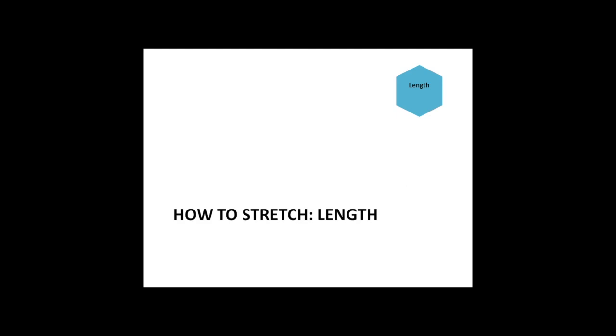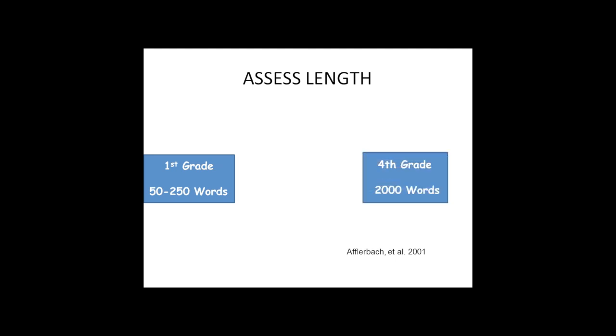We also took a look at length, and again, as I mentioned earlier, length is incredibly important because it changes so much in the elementary grades. If you think about what a first grader reads in terms of length, 50 to 250 words, kids can literally sit down and read that in 2 or 3 minutes. Contrast that with 4th grade, where a passage or a chapter or an anthology passage might be 2,000 words.